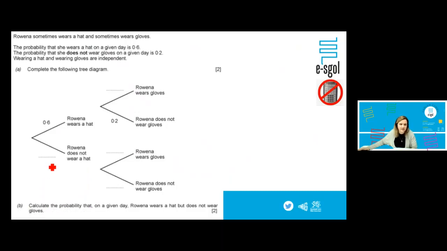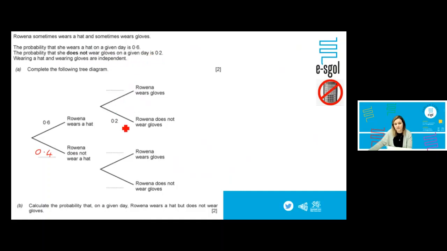So Rowena sometimes wears a hat and sometimes wears gloves. The probability that she wears a hat on a given day is 0.6, and quite nicely they've given us that on the diagram as well. So I can already say that does not wear a hat is going to be 0.4, so that together they will add up to 1. If I carry on reading at the top, the probability that she does not wear gloves on a given day is 0.2.